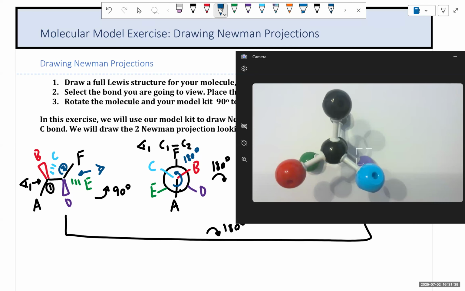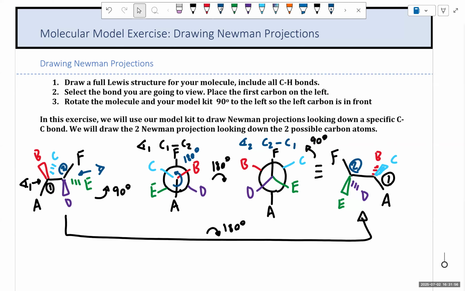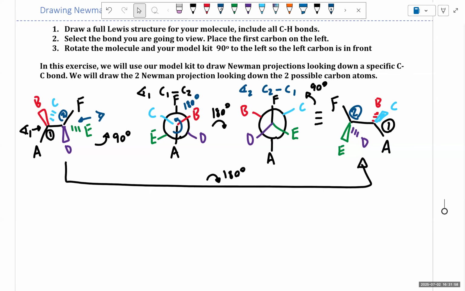So in this case, as we can see, carbon 1's in front. Now this time, atom C is on the right, atom B is on the left, and atoms D, E, and F remain in the same position because we haven't rotated them at all. So let's just draw what we see using our model kit.